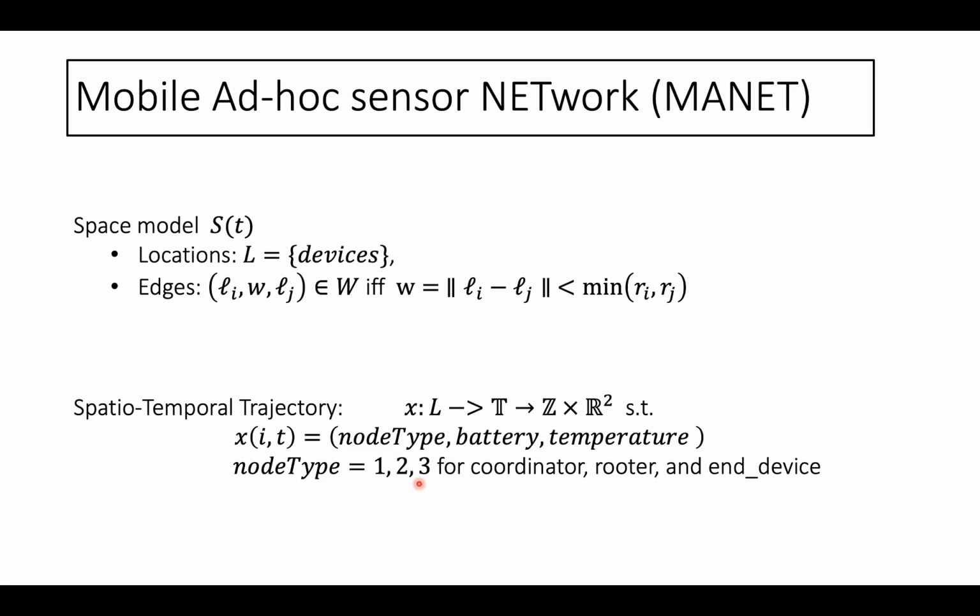The node type is 1, 2, 3 to denote the coordinator, the router, or the end device. In the property we will write coordinator directly, but in the implementation there is the node type. So the codomain is the integer set times the real set times the real set.